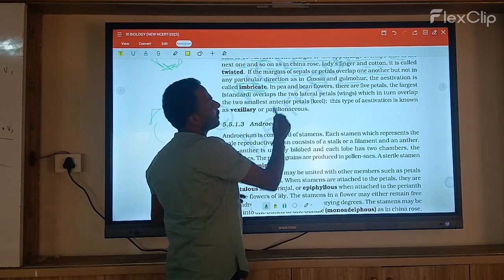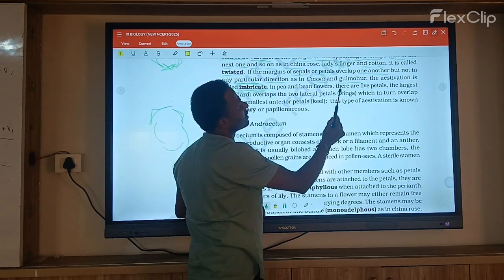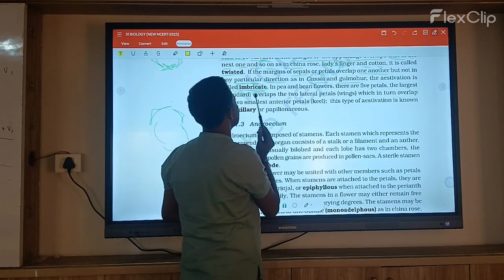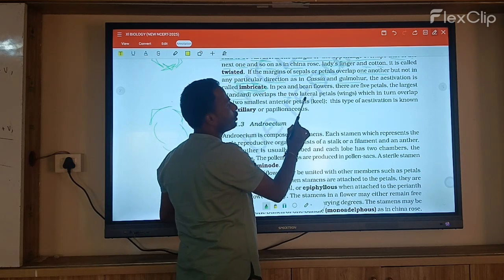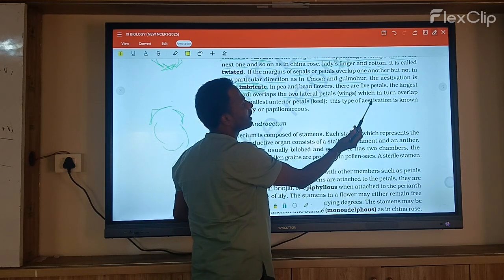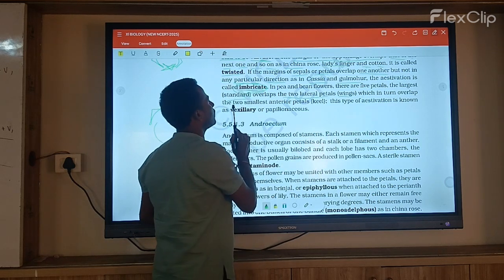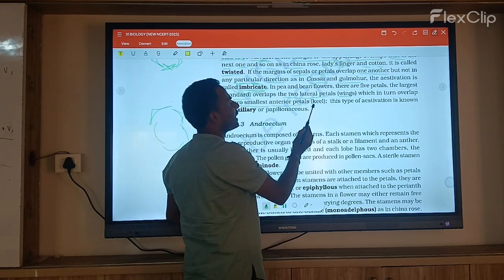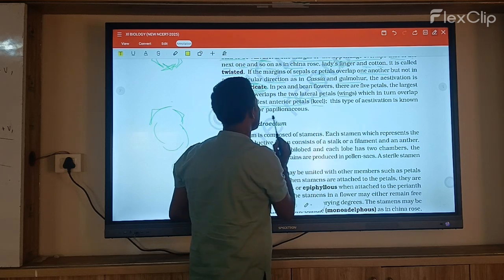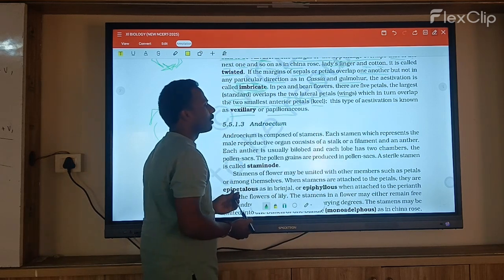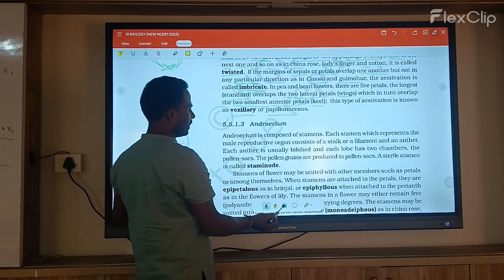Next, in pea plant and beans, the flowers have five petals. The largest standard petal overlaps the two lateral petals, called the wing petals, which in turn overlap the two small anterior petals, the keel petals. This type of estivation is known as vexillary or papilionaceous corolla.